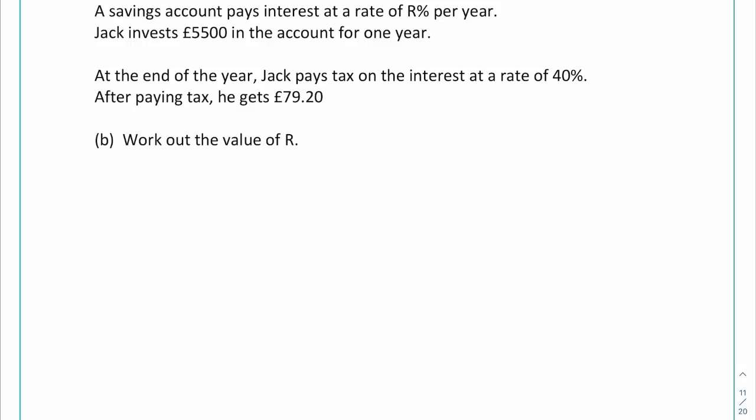So in order to do this, if we think from the start, normally with compound interest, we'd do 5,500 multiplied by whatever the percentage rate is. So as an example, if it was something like 1.5%, you would multiply by 1.015. The problem is we don't know what that is.